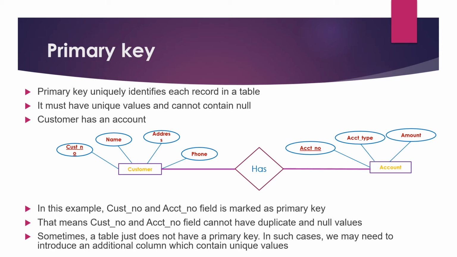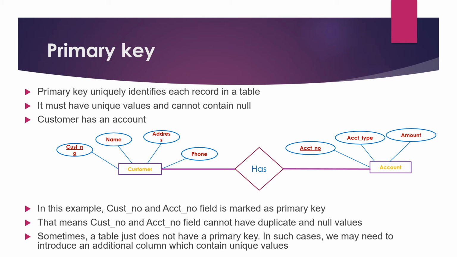Here is one example, that is customer has an account. There are two entities, customer and account. Customer has the attributes customer number, name, address and phone number. Account has attributes account number, account type and amount. In this example, the customer number and account number fields are marked as primary keys.